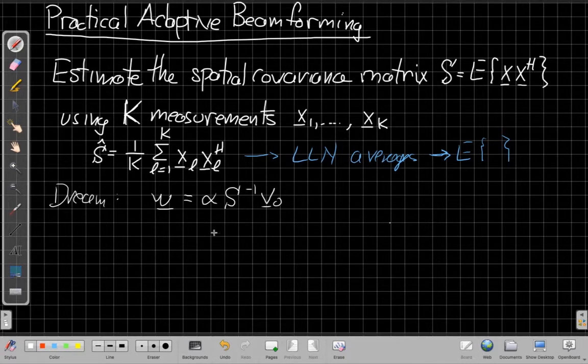And in practice, we often have to replace S by S hat, and so we end up with some estimate of what would be Capon's true MVDR. And we often call this SMI, for sample matrix inversion.